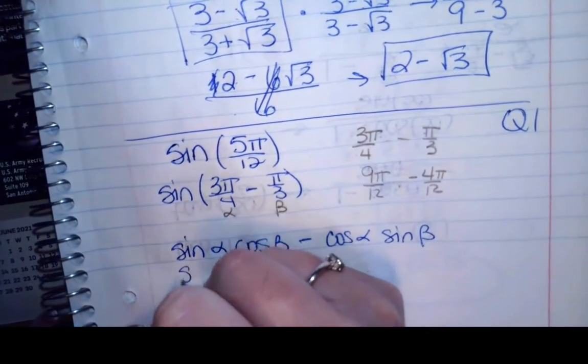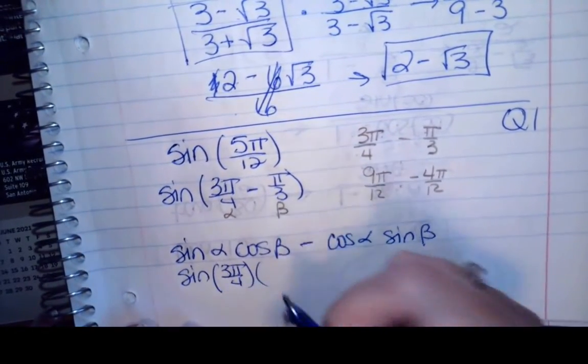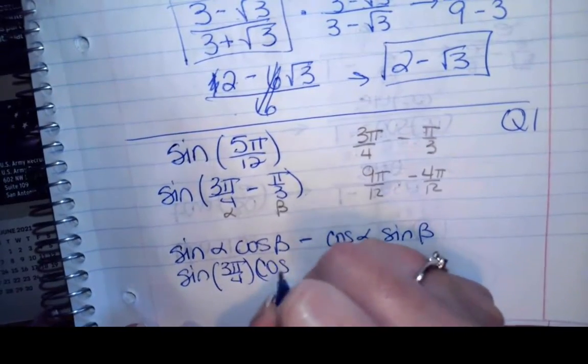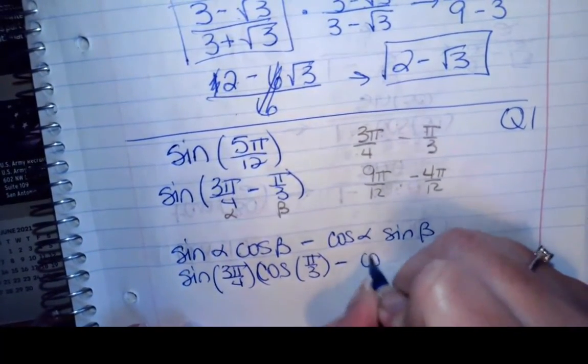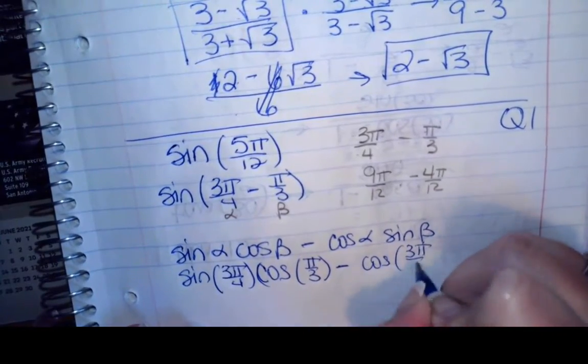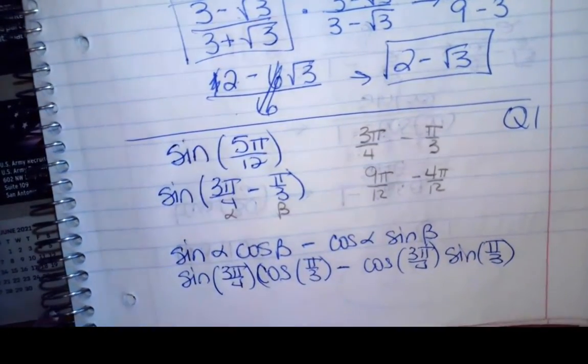That means I've got the sine of 3 pi over 4 times the cosine of pi over 3 minus the cosine of 3 pi over 4 times the sine of pi over 3.